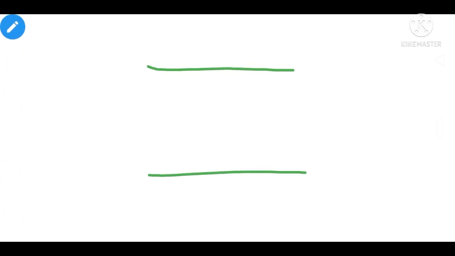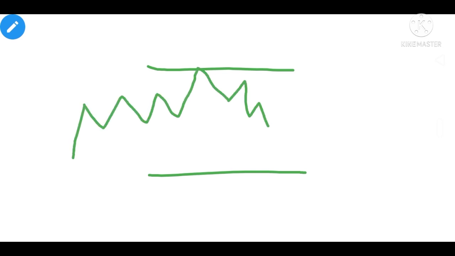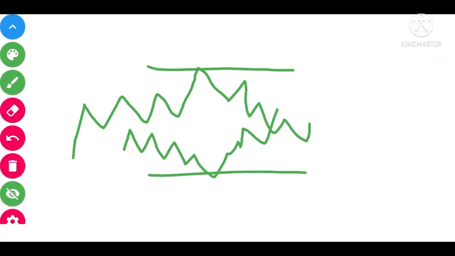Whenever price moves into those areas, it is going to give a turn. Whenever price goes to those areas, it will take a turn. What we call them is turning points.